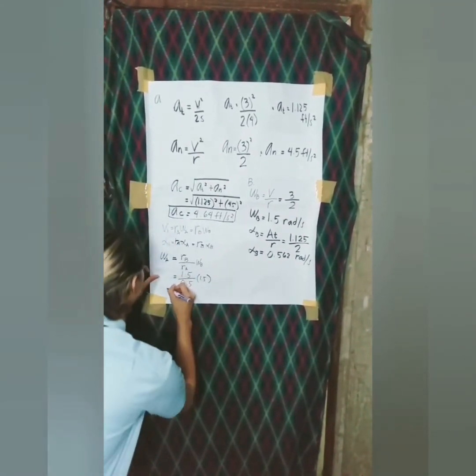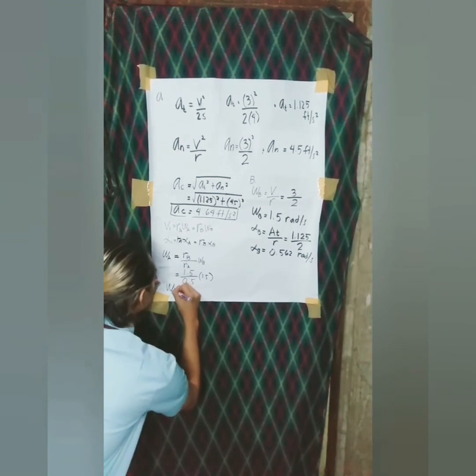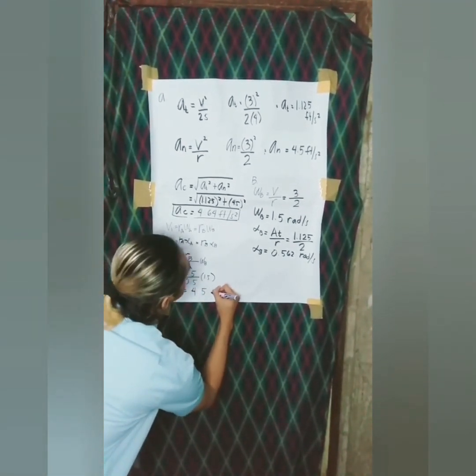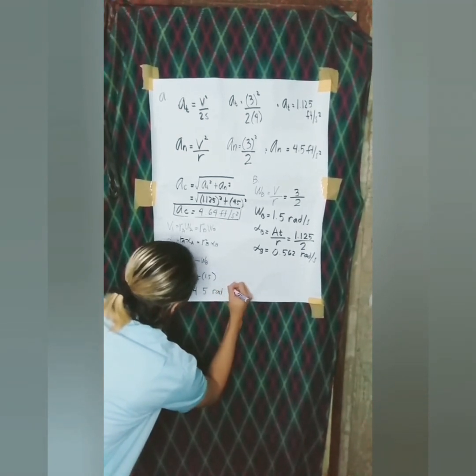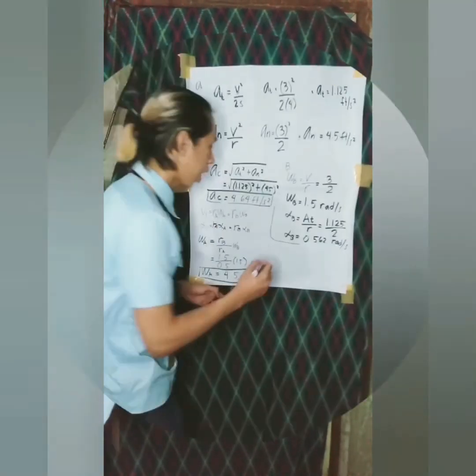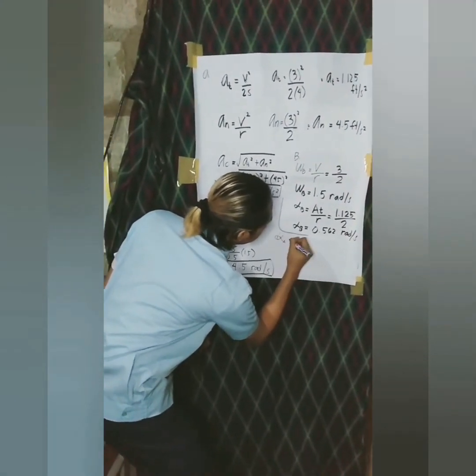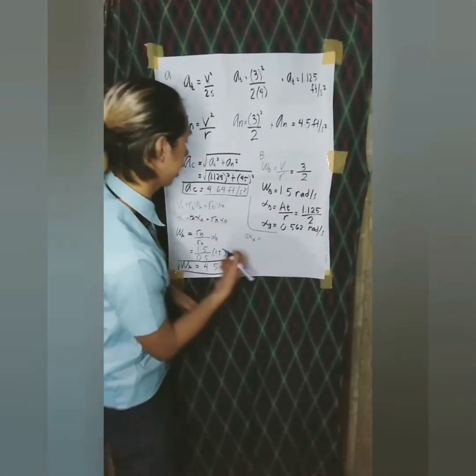So the angular velocity of A is equal to 4.5 rad per second.